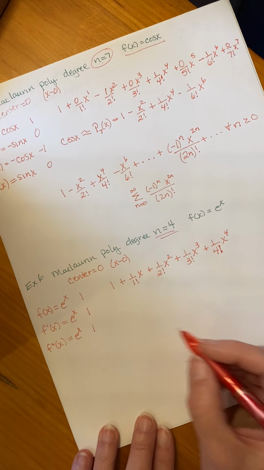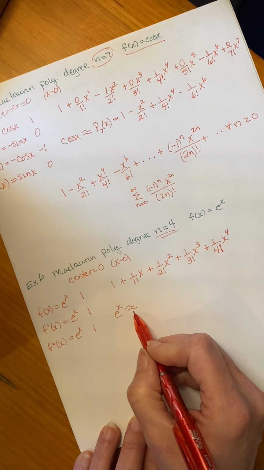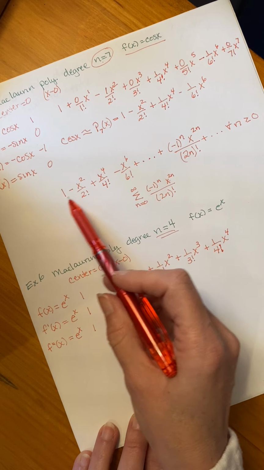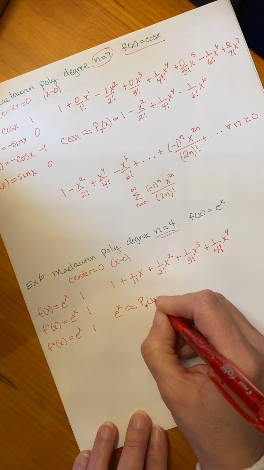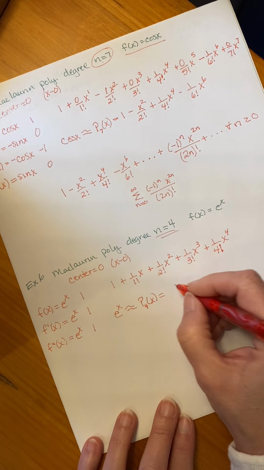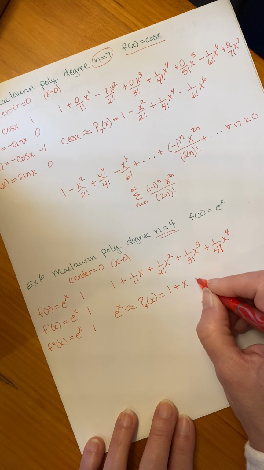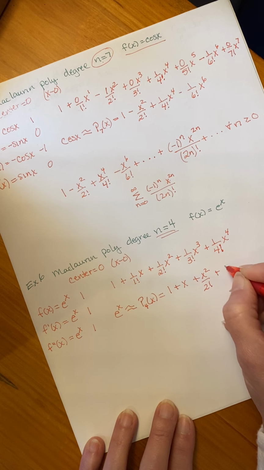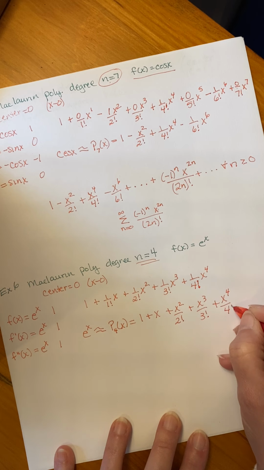Looky there. So e to the x is approximately, remember we need squiggles because we're not writing this to infinity. When I write it all out like this, I don't need to put squiggles. And I'm using a polynomial of fourth degree, and that equals, now I can put equals here, 1 plus x plus x squared over 2 factorial plus x cubed over 3 factorial plus x to the fourth over 4 factorial.